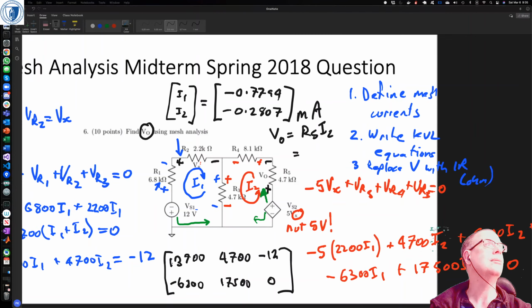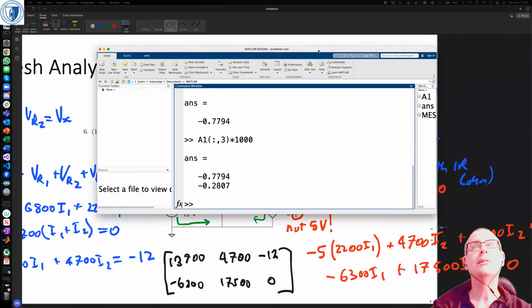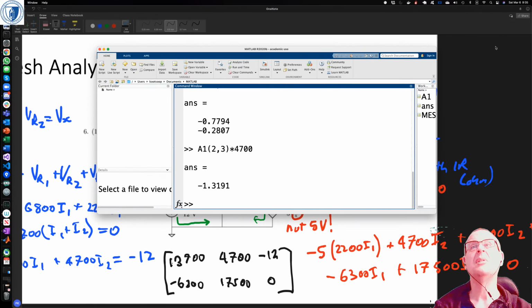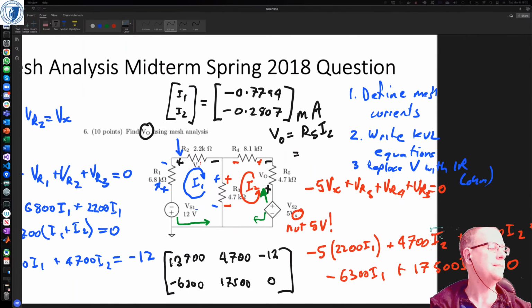R5 is 4700 and I2 is A1, the second row and the third column, and then we need to multiply that by 4700. So it's minus 1.319 to 4 significant figures. Volts.